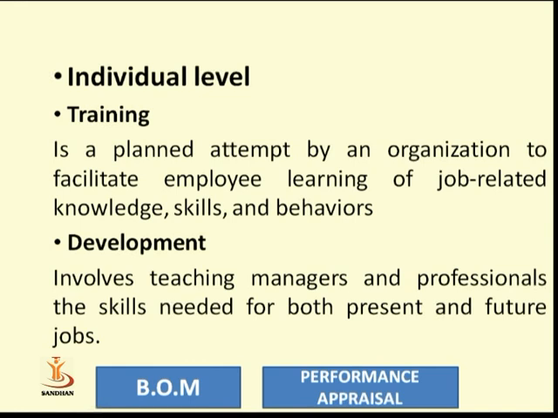In training, an attempt is made by an organization to facilitate employees' learning of job-related knowledge, skills, and behaviors. And as far as development is concerned, the organization teaches managers and professionals the skills needed for both present and future jobs.